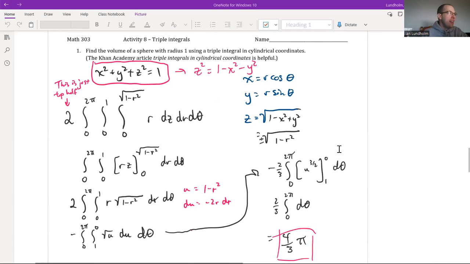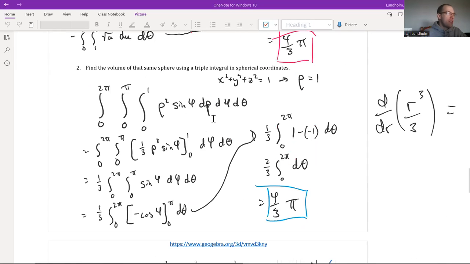Notice that I'm asking you to convert something that's, I don't know, not too complicated to translate into cylindrical or spherical coordinates.